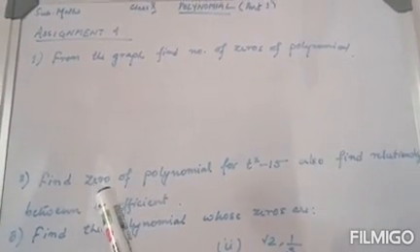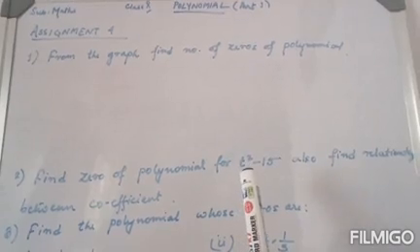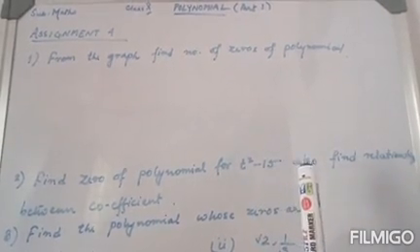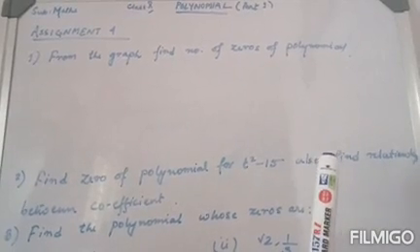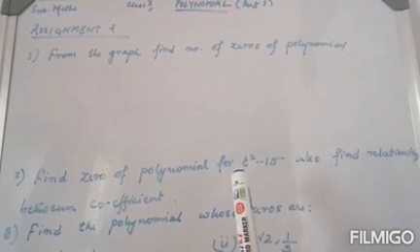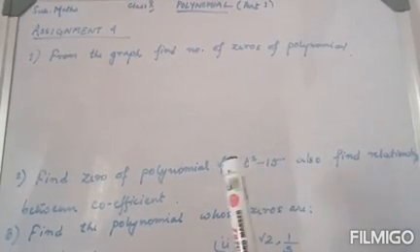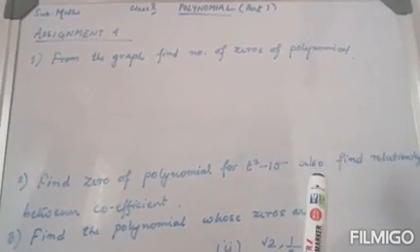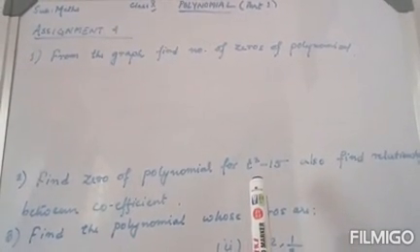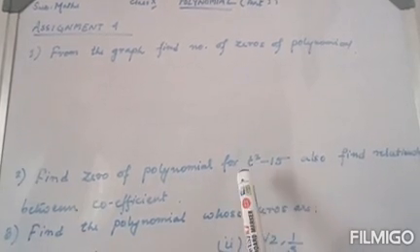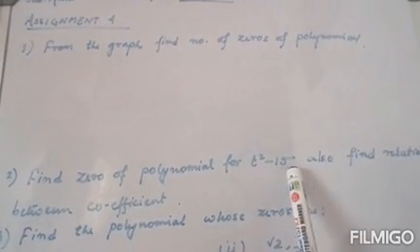Second question, find the zeros of the polynomial t square minus 15. Also find the relationship between the coefficients and the zeros. Before finding the relationship, you have to find out the zeros of the polynomial. How to find the zeros?